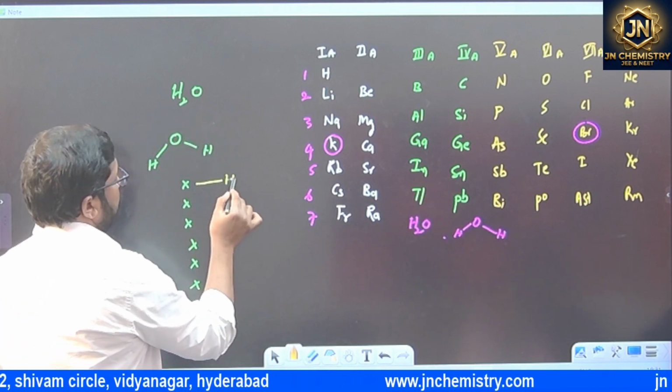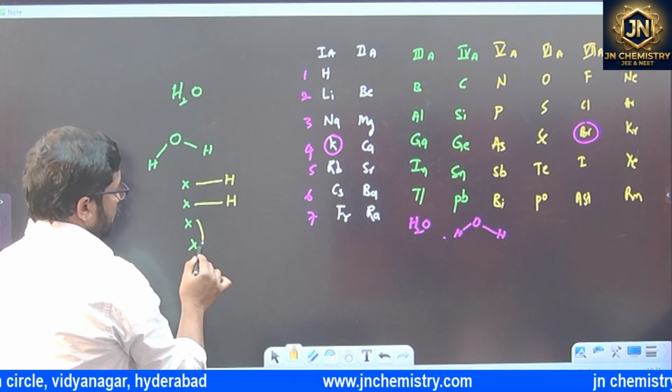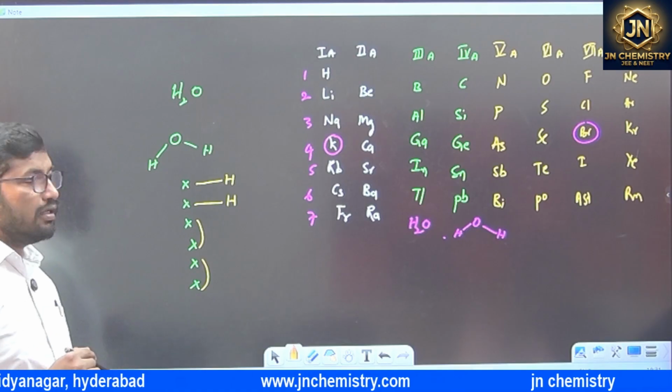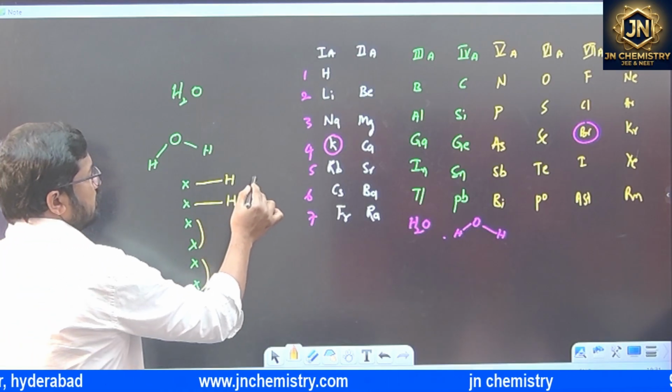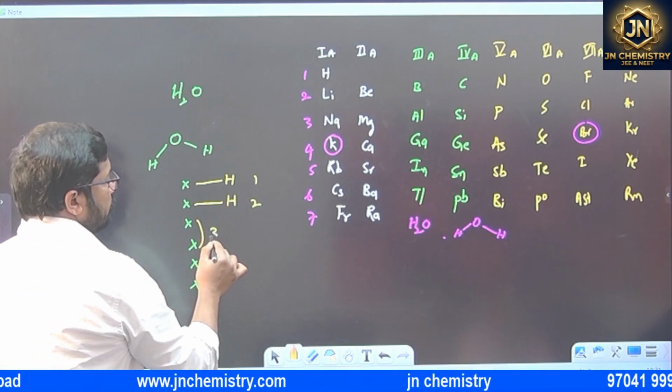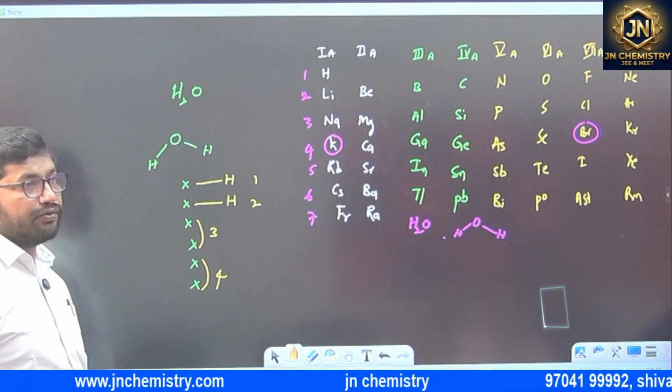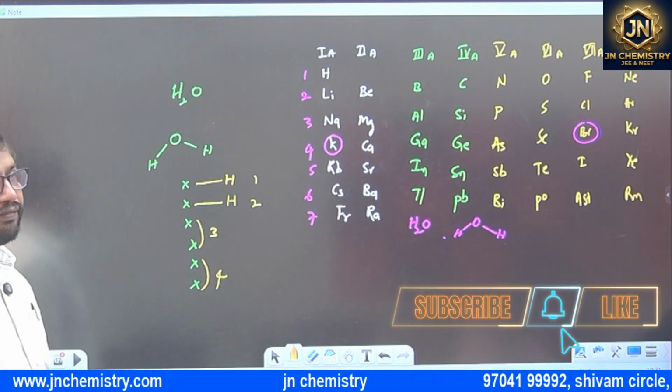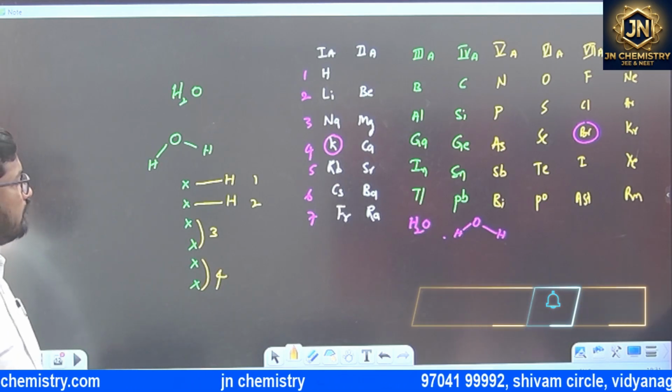Then lone pair, lone pair. So give the numbering: 1 bond, 2 bond, and lone pair is also 1, 2, 3, 4. Yes or no?